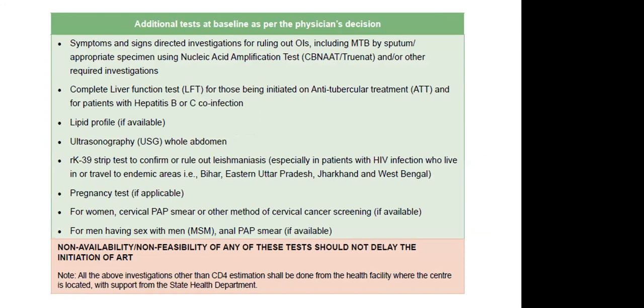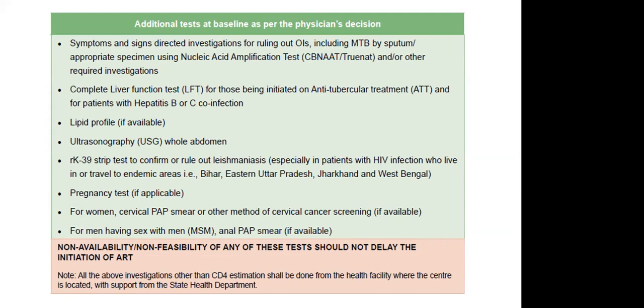So sputum or an appropriate specimen has to be subjected to CBNAAT or TruNAT. Other ancillary investigations might be a pleural fluid analysis, a CSF study, an ultrasonography of the whole abdomen, or a lymph node fine needle aspiration. That has to be done for cytology as well as CBNAAT or TruNAT for MTB detection.